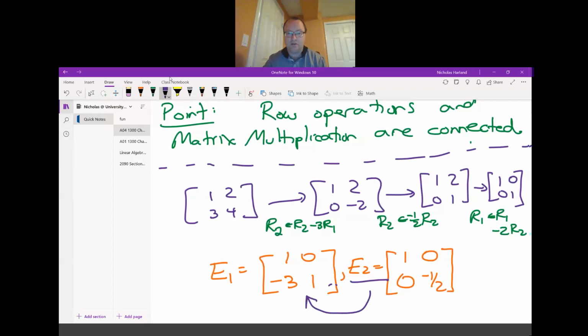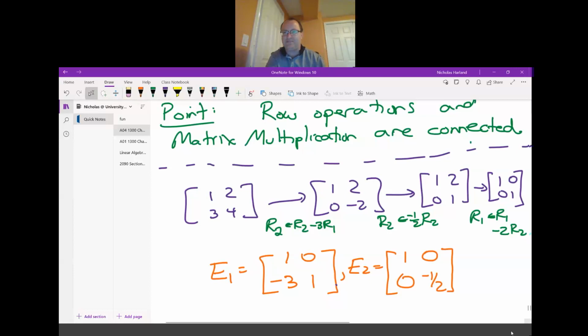What happens if we took a row operation to E1? Is that an elementary matrix? No, why not? Yeah, it wouldn't be the identity matrix with one row operation applied. It would be the identity matrix with two row operations applied.